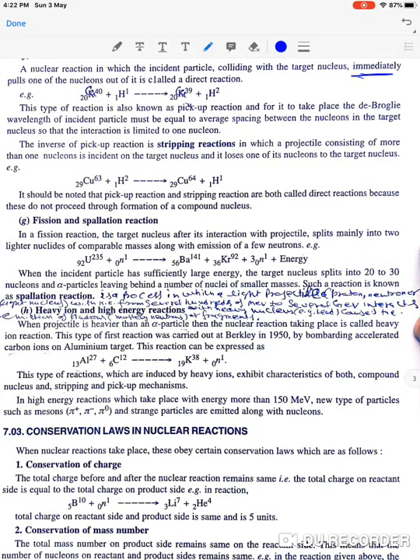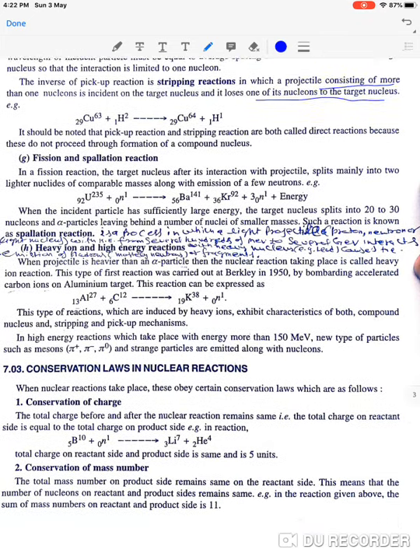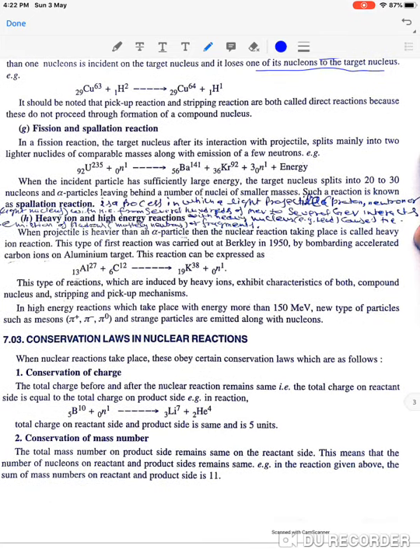This can also happen, in which the projectile consisting of more than one nucleon is incident on the target nucleus, and it loses one of its nucleons to the target nucleus. Okay, the next reaction is fission. We already studied the fission reaction, in which the target nucleus, when it interacts with the projectile particle, breaks into smaller nuclei.